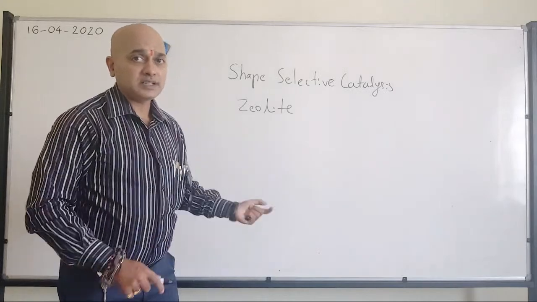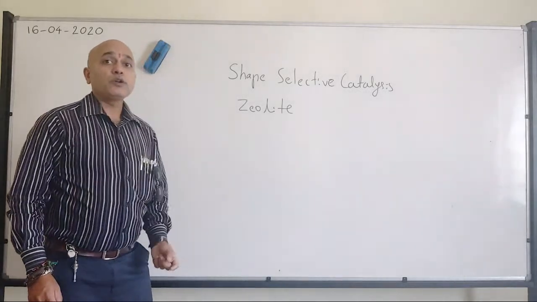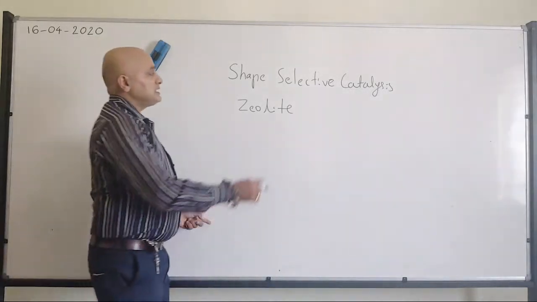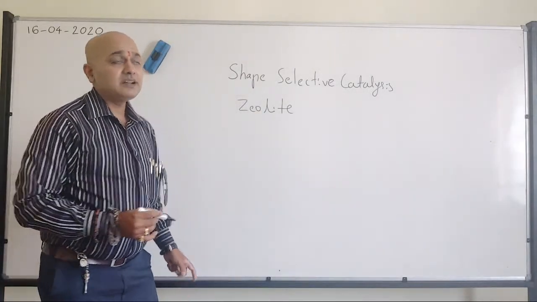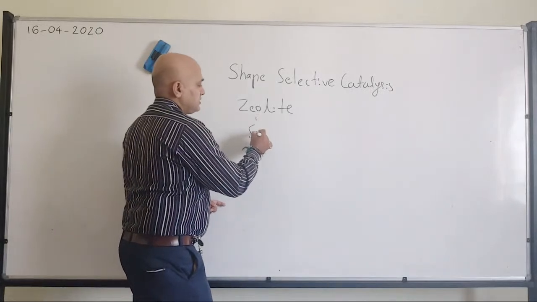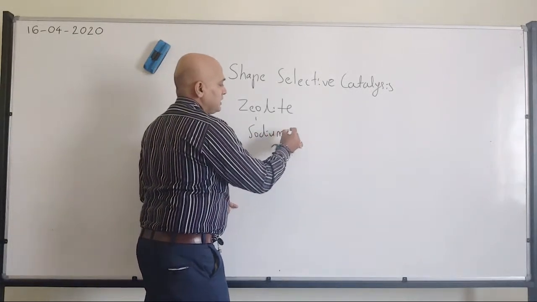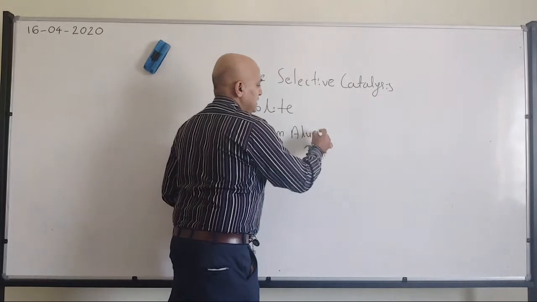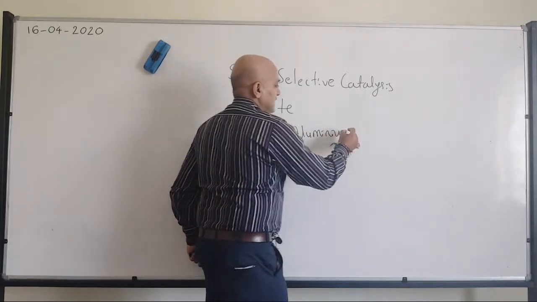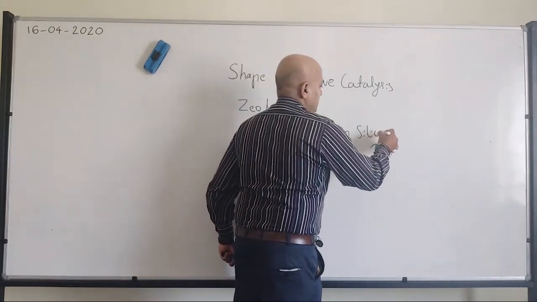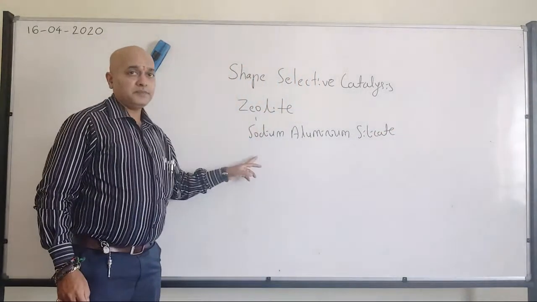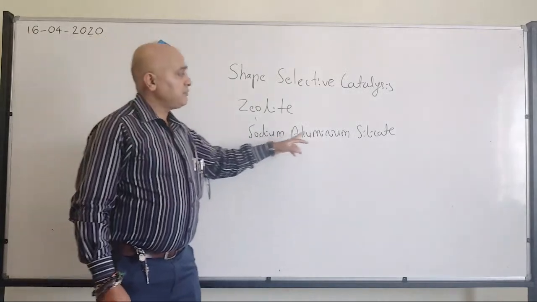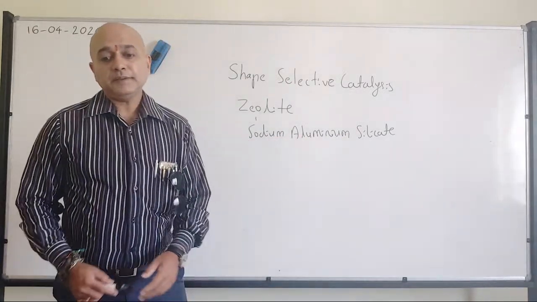At that time you discussed even group 1, because this zeolite is nothing but sodium aluminium silicate. That's where we have the zeolite, sodium aluminium silicate.